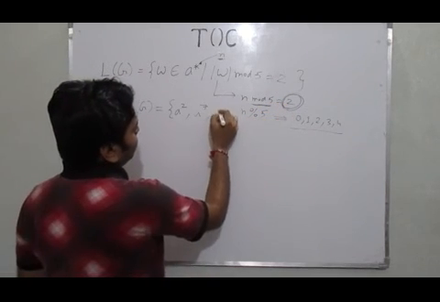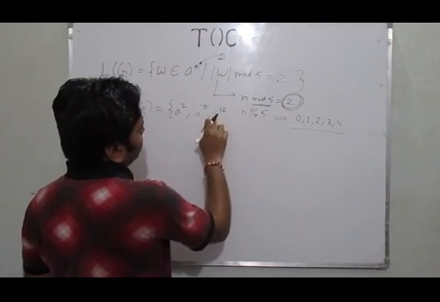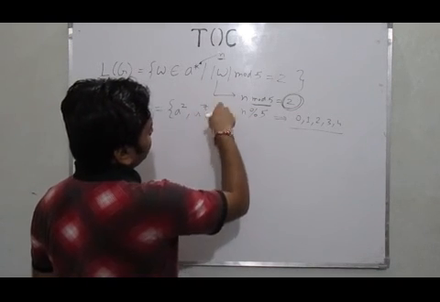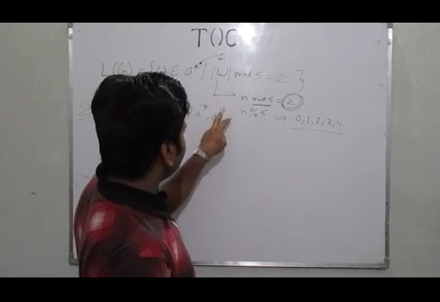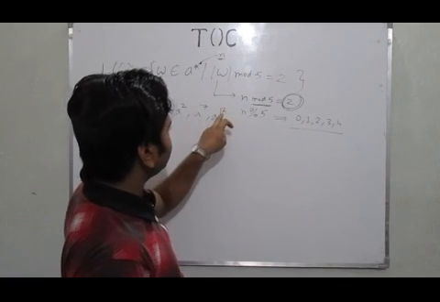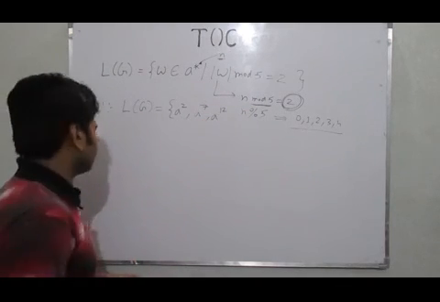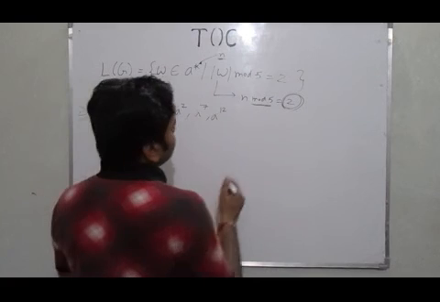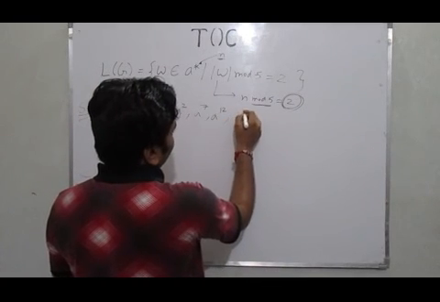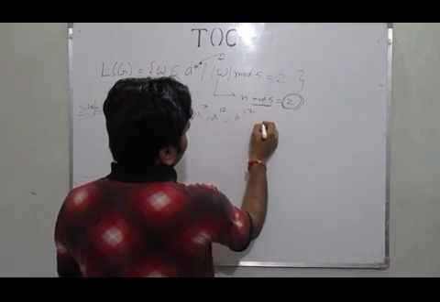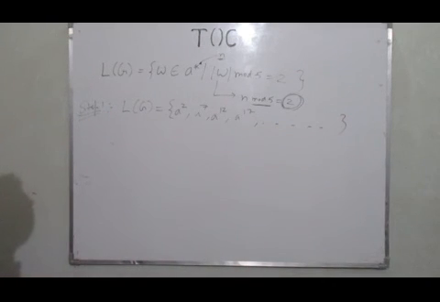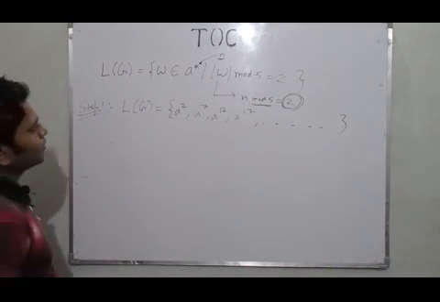Then if I add 5 again, I would obtain A12, and if I divide 12 by 5, I would obtain once again 2 as a remainder. Right? So in this way, I can obtain the generalized form of our given language.